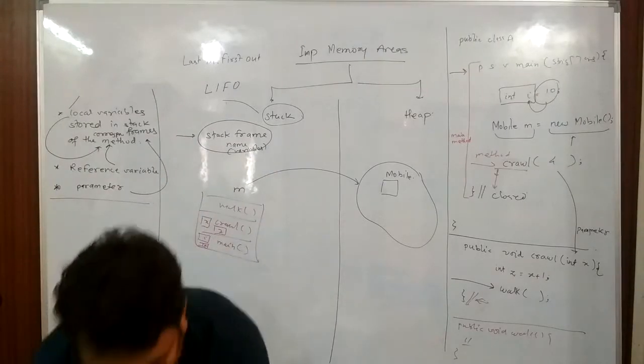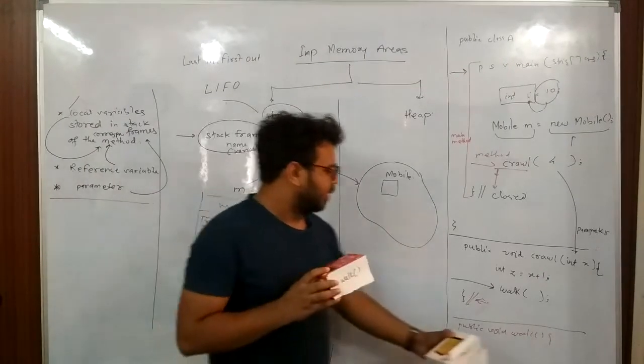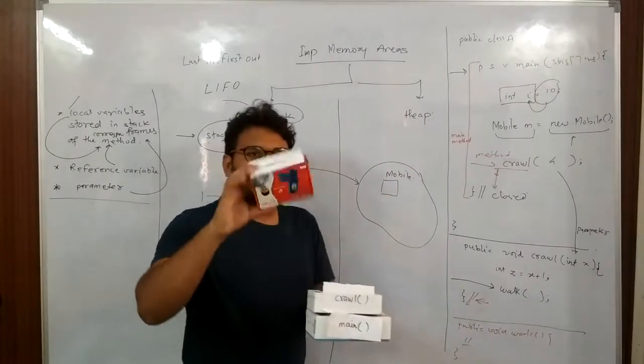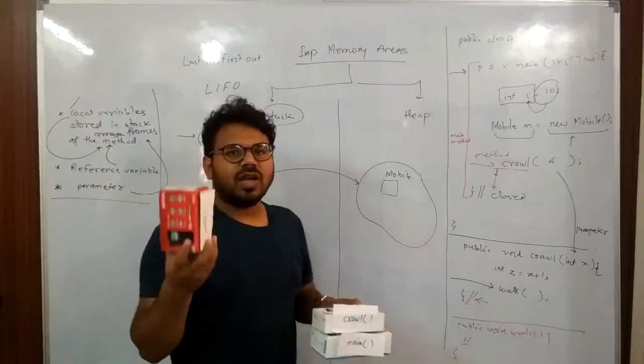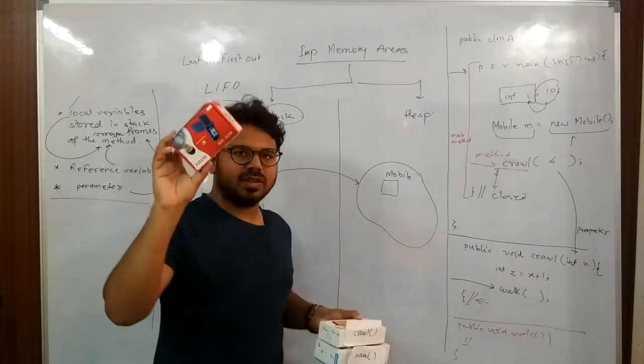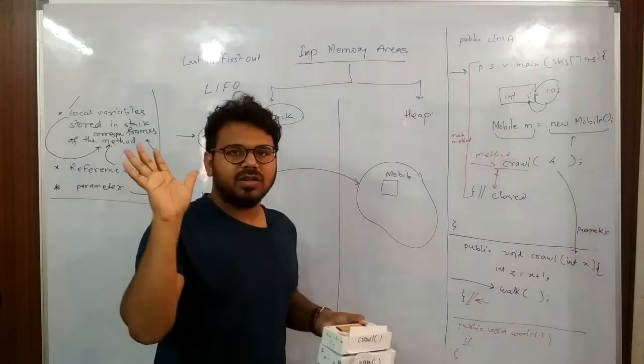Let me conclude here that when the walk method completes, its stack frame is destroyed. This stack frame is destroyed means all the variables which were declared inside this method are destroyed.